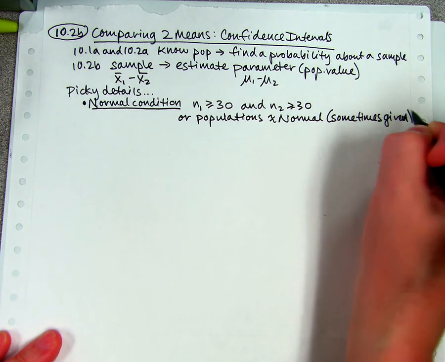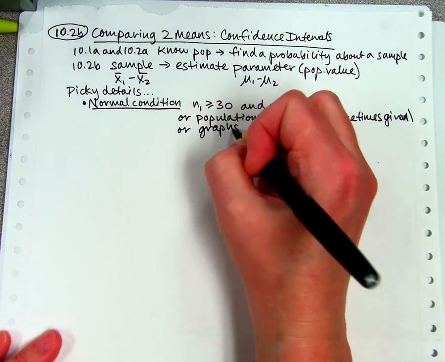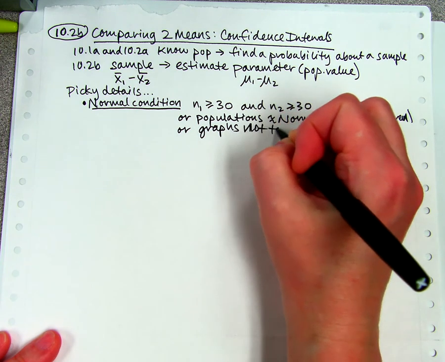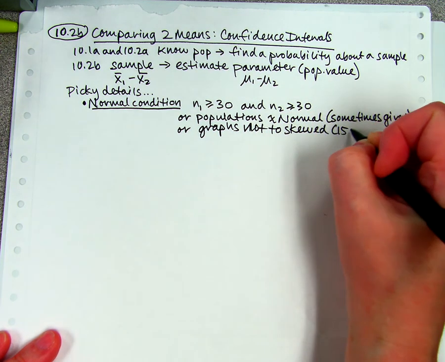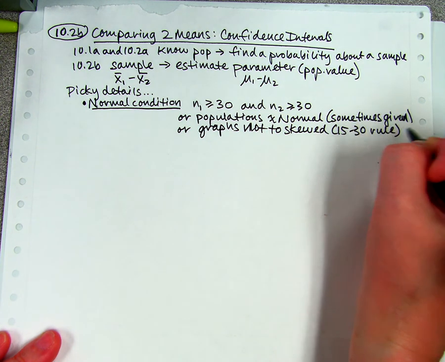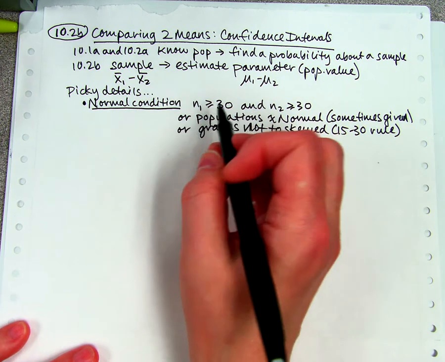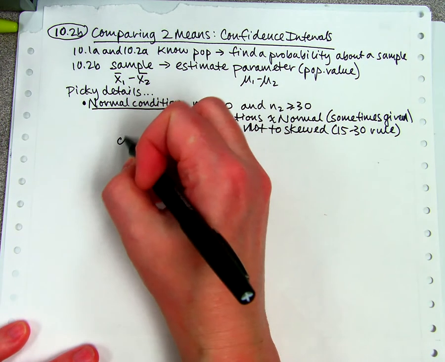Or it could be that you have to check a graph. And there's two graphs to check now. So that's the 15-30 rule. We've seen all of that before. It's just now we have to do it with two different ones, and we're going to check them separately. The first population could be any of these three, and the second population could be any of these three.